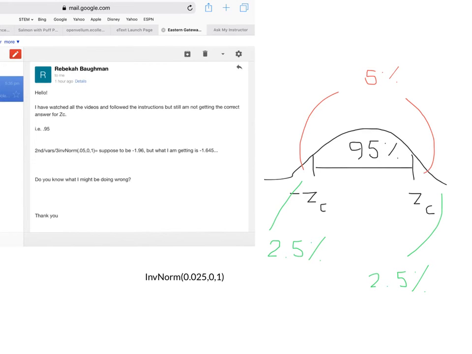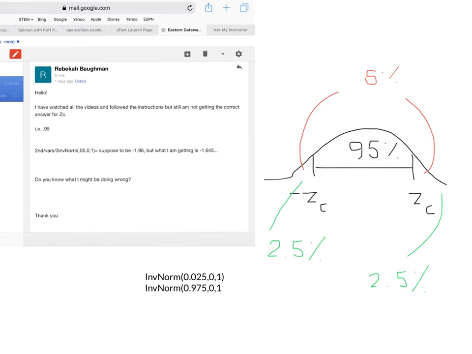Now, just a side note, we know then that that will produce a z-score of negative 1.96. A side note, we of course know that the upper critical value is positive 1.96, but just to demonstrate, we could also find that one by using our inverse norm command, and the area below that upper critical value is 0.975 because it's the 0.95 plus the 0.025.